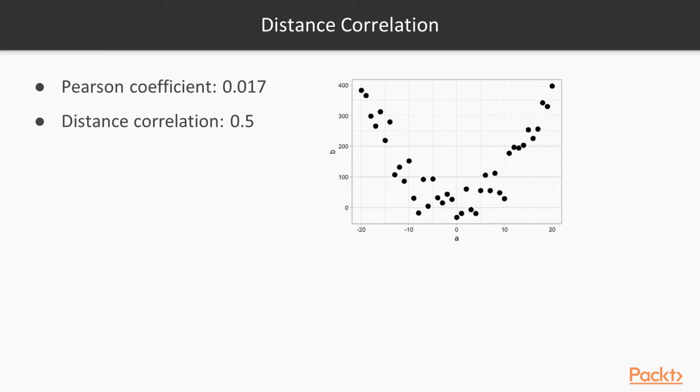Looking at data, it's easy to see how distance correlation in this case is better able to describe the real relationship going on among data. As a final note, we should say that, as the Pearson coefficient does, also the distance correlation ranges from -1 to 1, with exactly the same meaning we have discussed regarding Pearson.